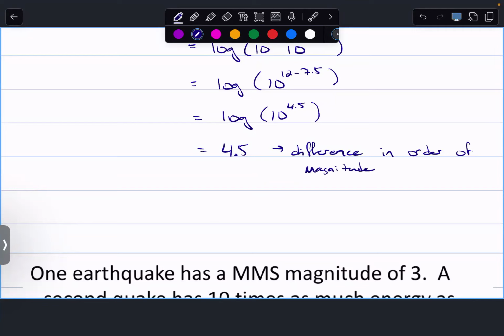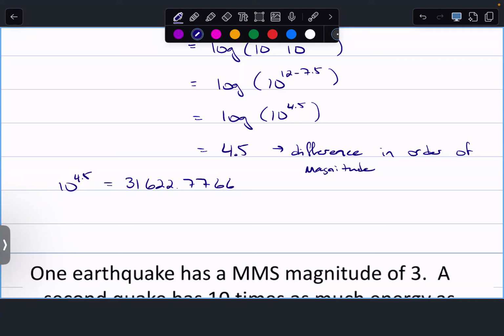We can translate and say, okay, 10 to the power of 4.5 is 31622.7766 times how much more energy.